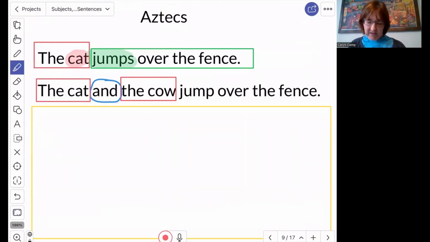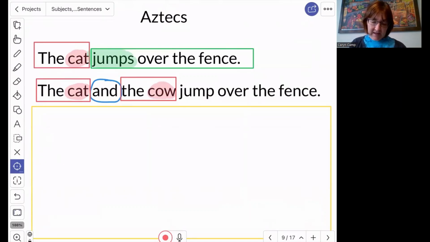Inside those subjects, we have cat and cow. Those are the simple subjects. Those are the nouns that the whole sentence is about. So there's two. And because there's two, I want you to notice there's no S at the end of jump. Right here we had an S because one cat jumps. Here we have a cat and a cow. That's two things. So there's no S at the end of jump.